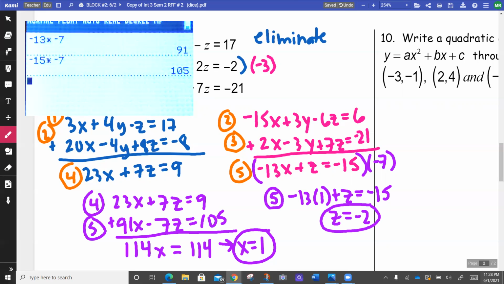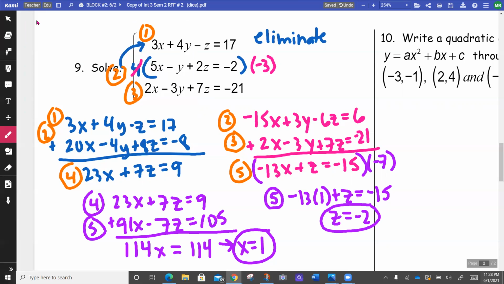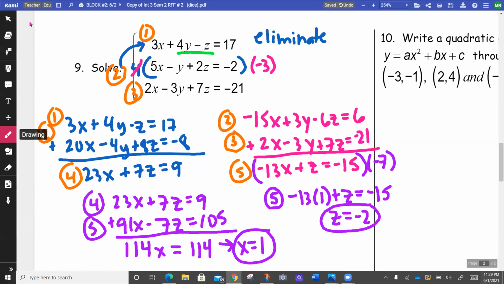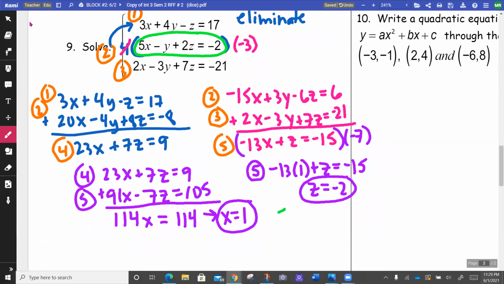So now I'm going to put that into one of the equations. I'm thinking I'm going to go back up here to the top, and I'm going to use this equation 2. So I am going to go 5 times 1 minus y plus 2 times negative 2 equals negative 2.